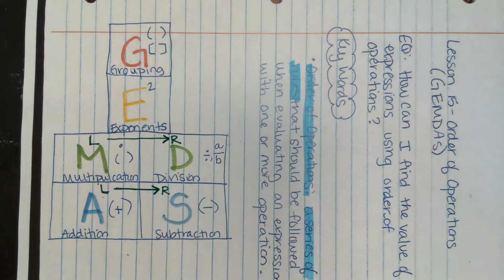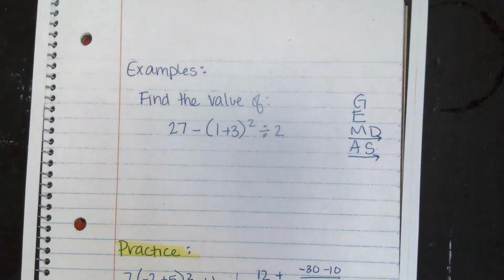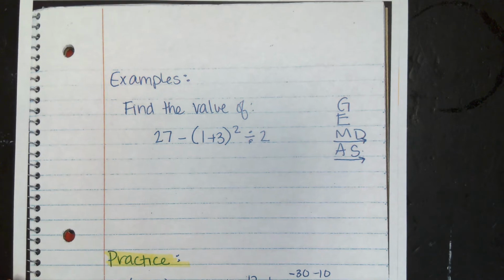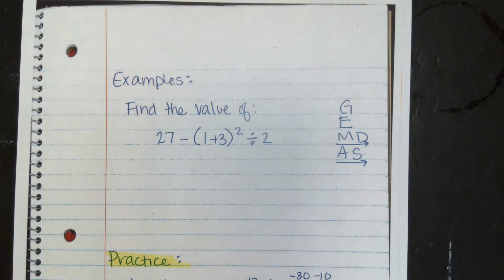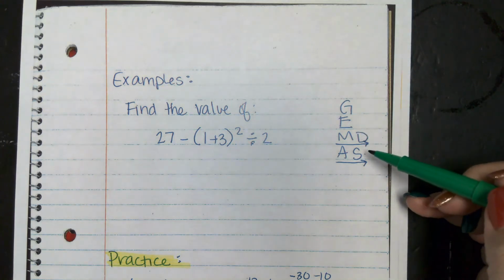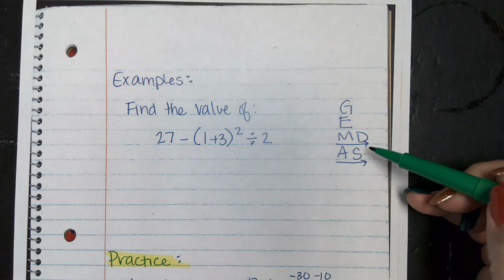Okay. Now we have an example that we are going to go ahead and do together, and that is this here. I am going to ask you to work with me on finding the value of this particular expression. And again, I'm calling it an expression because an expression doesn't have an equal sign. And I put over on the side our little acronym of our GEMDAS hopscotch. This one's just not as pretty.